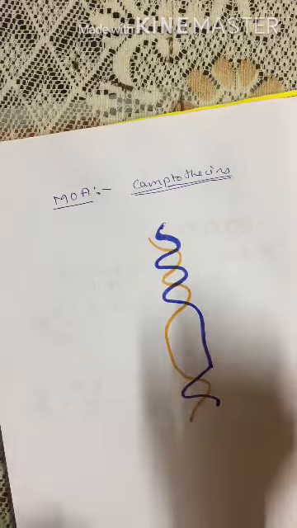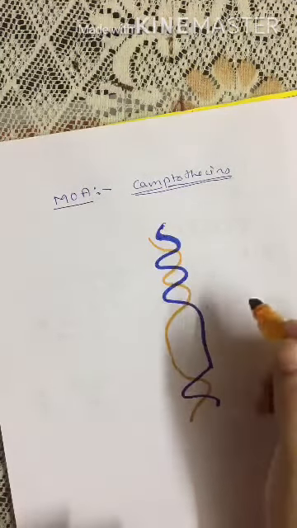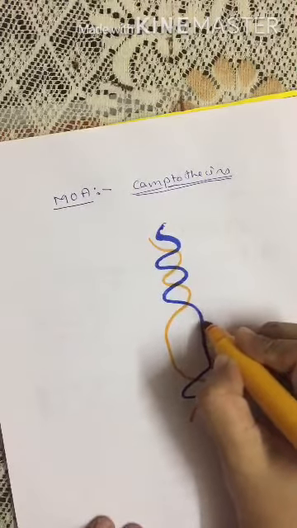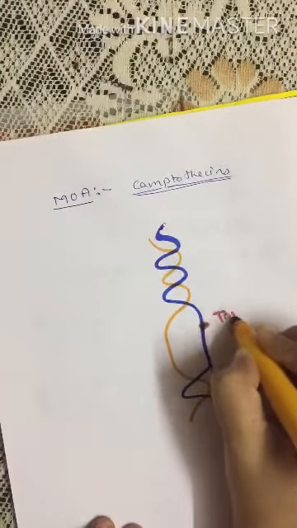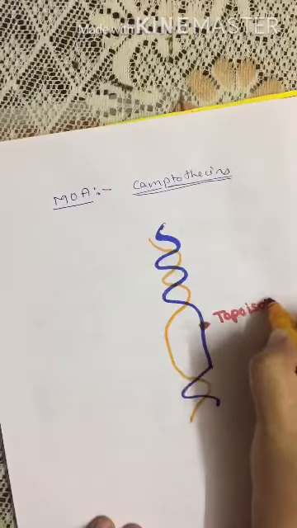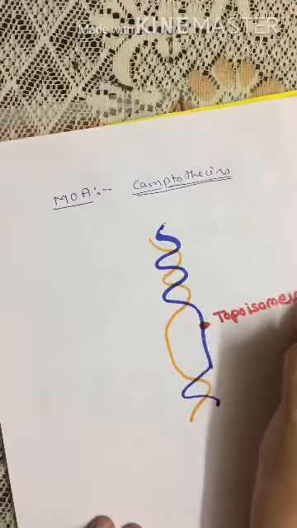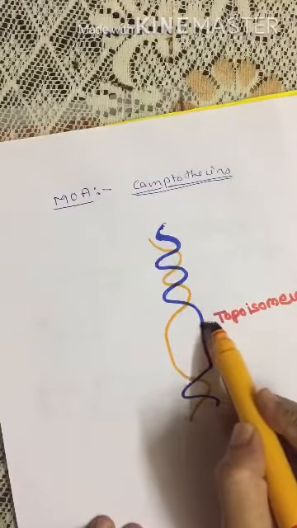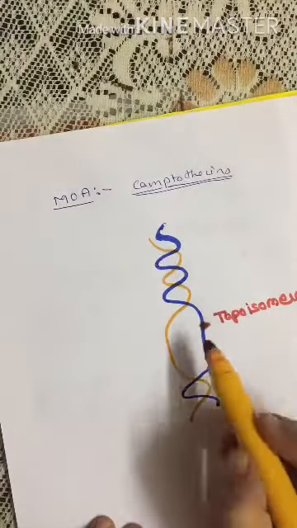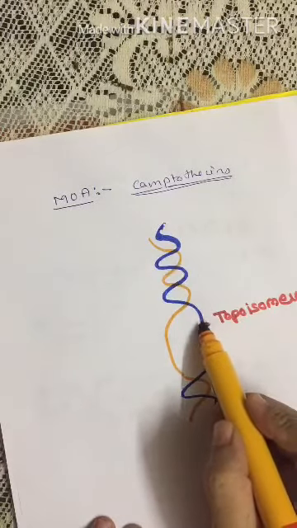When the DNA is bound to the enzyme topoisomerase, this is the enzyme which has been bound to one strand of the DNA, it cleaves it.